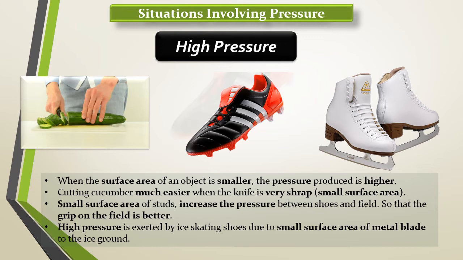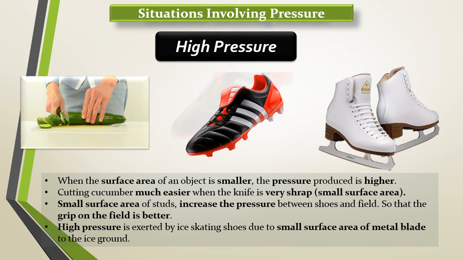Cutting cucumber much easier when the knife is very sharp, small surface area. Okay, when you use the dull knife, it's quite hard to cut the cucumber. So if you use the very sharp knife, it's much easier to cut any kind of things or cucumber.